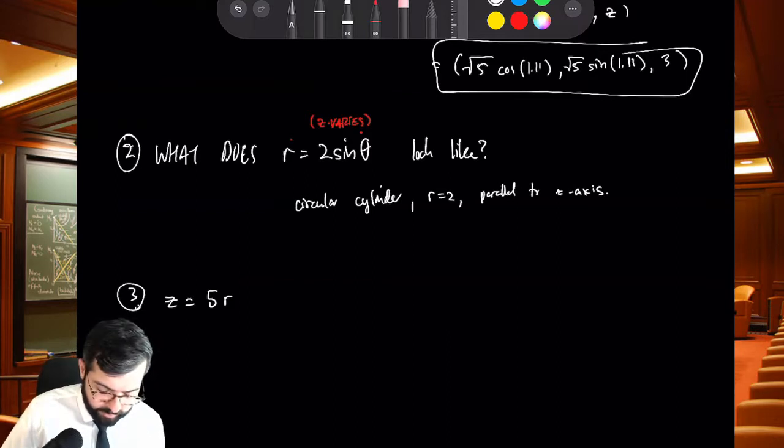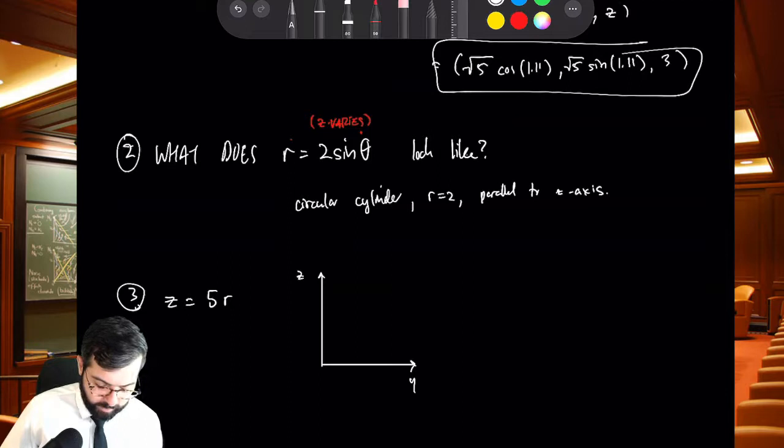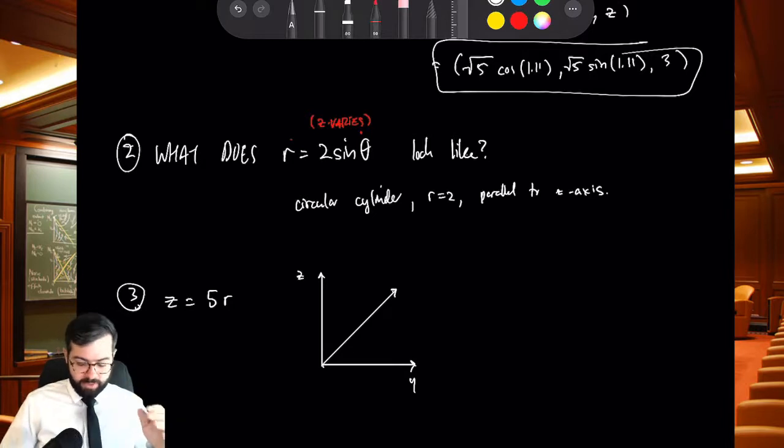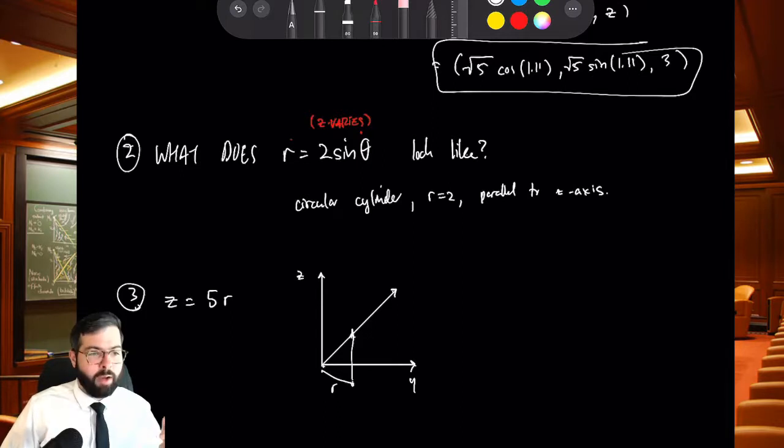Well, if you slapped a projection into the, let's see, the YZ plane, z equals 5r is like a line out like this way, right? And it's got a slope of 5. So it's pretty steep based on the radius, how far out you are, right? R, it's 5 times that height upward, right?